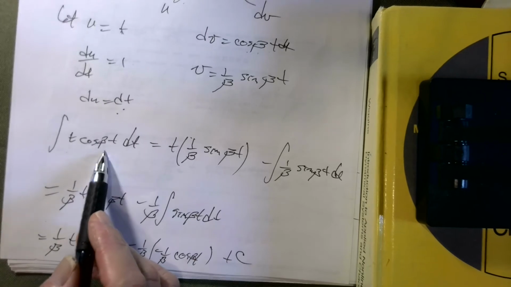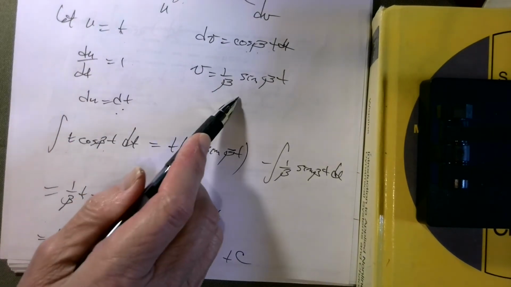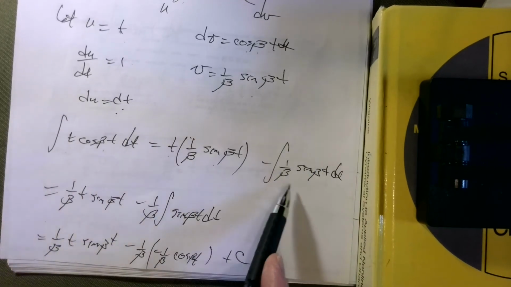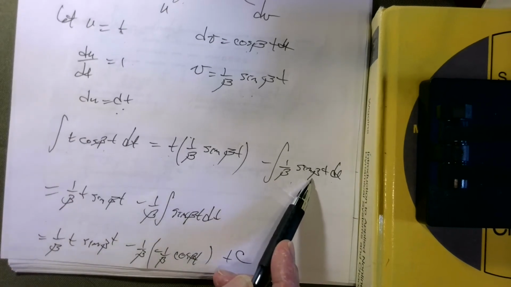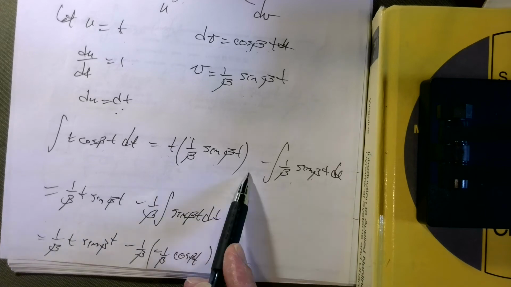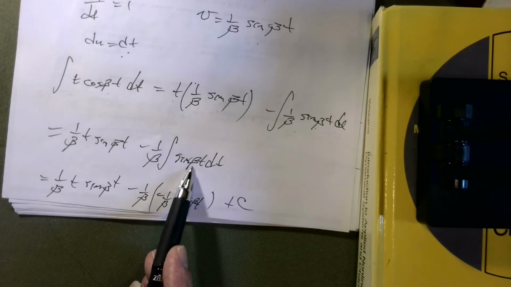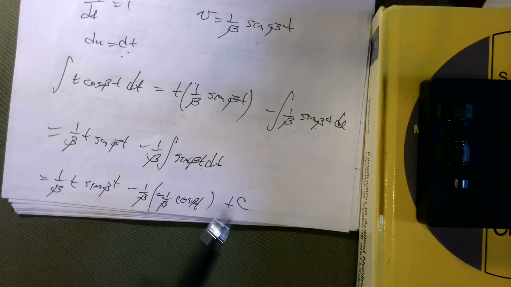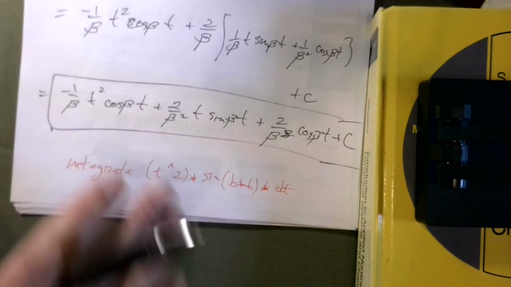So my integral of u dv becomes uv minus the integral of v, and my du is just a dt. Notice we've got a sine. We know how to integrate that. Now you're going to have to pull out the beta term, and we have to integrate this guy. You're going to need another beta, so you're going to pull another one out. The sine becomes a negative cosine. Now you can throw in your constant of integration, and you can put all this together.